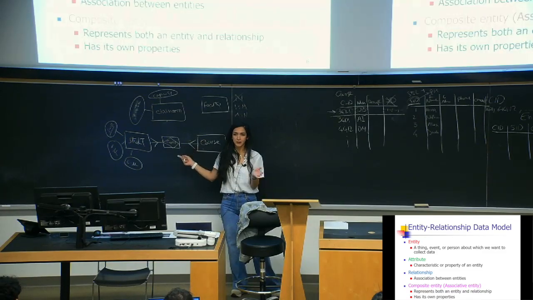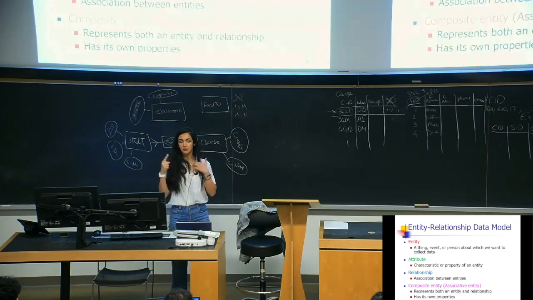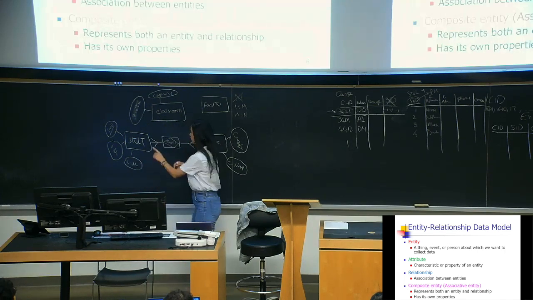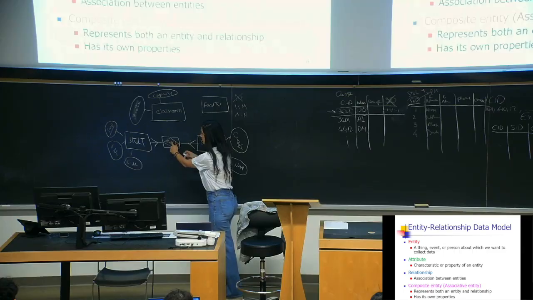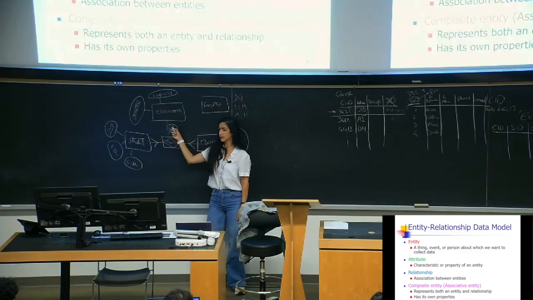And why? Because we said when we link two tables together, the primary key in one is added as a foreign key in the other. So when you link a student to enrollment, a student ID is added here, right? Because student ID was the primary key there, it will be added as a foreign key here.